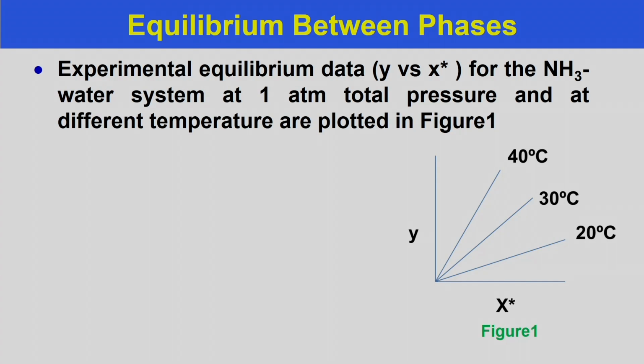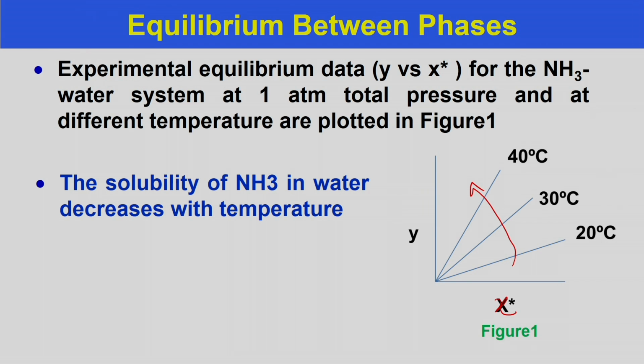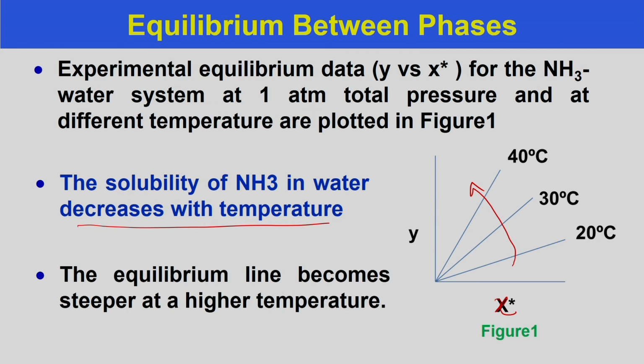So, this is at 20 degree centigrade, this is at 30 degree centigrade and this is at 40 degree centigrade, and you could see as we increase the temperature, the slope of the curves becomes steeper, that means the solubility decreases. So, the solubility of ammonia in water decreases with temperature. The equilibrium line becomes steeper at higher temperature.